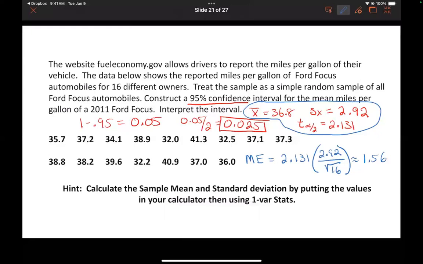Yay! I don't always trust myself with the calculator, so thank you. Okay, so the ways that we can write our answer here is we could say our mean is, what is our mean? 36.8. So we could say 36.8 plus or minus 1.56.